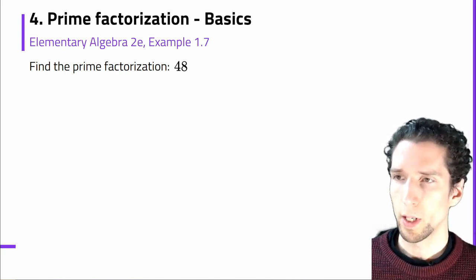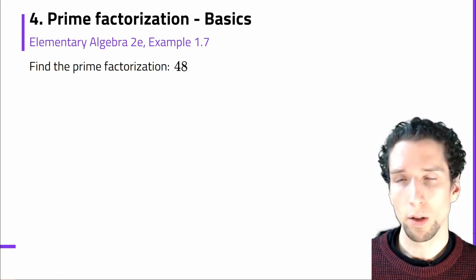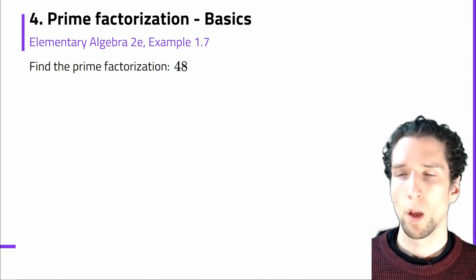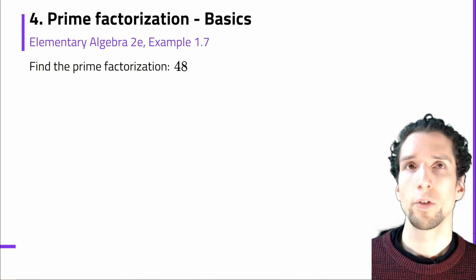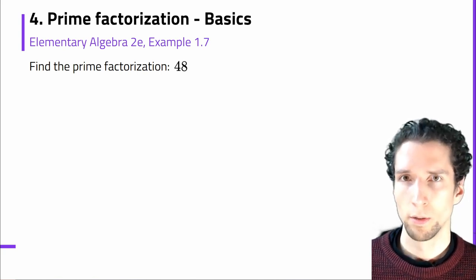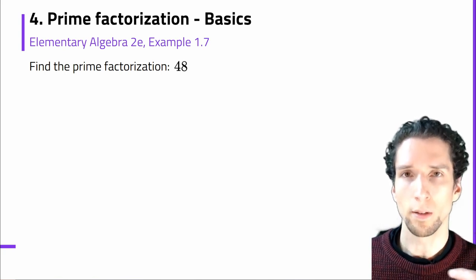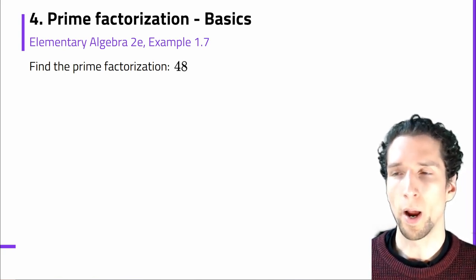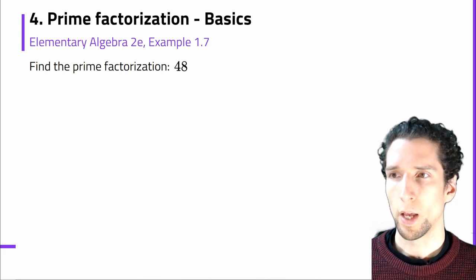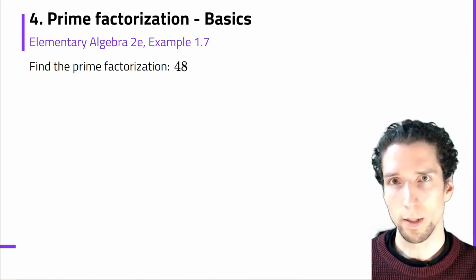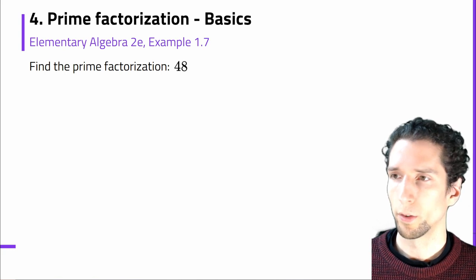We just want to find all of the factors of a number and factor it as much as possible. And naturally, when we do that, the final factors of the number will all be prime, because if it's not a prime number, that means we can still factor it more into something else.